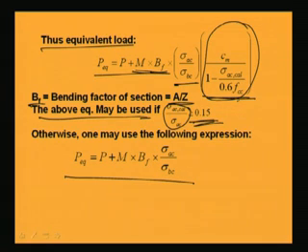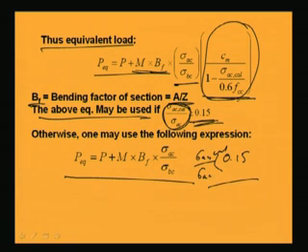So if the ratio of sigma AC calculated by sigma AC is less than 0.15, then we can write the equivalent load PEQ equals P plus M into BF into sigma AC by sigma BC. So this is the way we can find the value of the equivalent load.